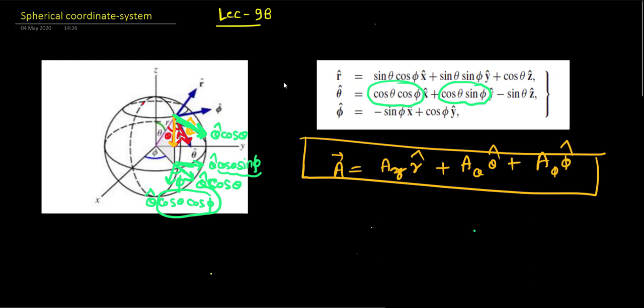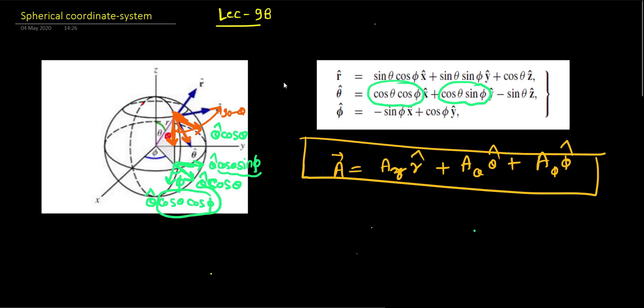So let me remove this. This is the theta cap, as we said. This would be our z component, and this was parallel to the xy plane. So this angle is 90 minus theta.